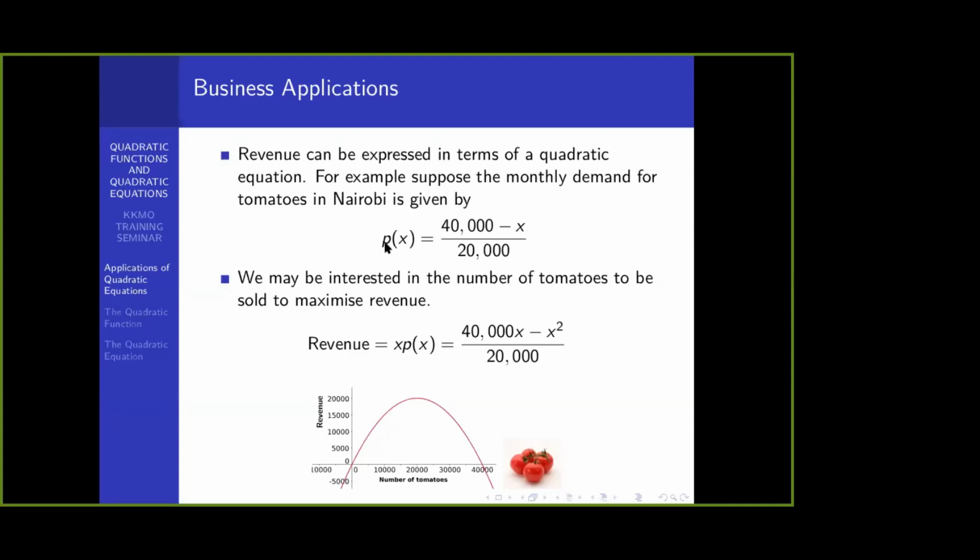If you want to find the revenue, you simply multiply X by the price, which depends on the goods, and that gives us a quadratic function for the revenue. You can see a graph here which describes the function. Revenue keeps growing up to a point and then starts diminishing. When there's a glut in the market, the price goes down and therefore the revenue also goes down. The quadratic function describes this quite well.